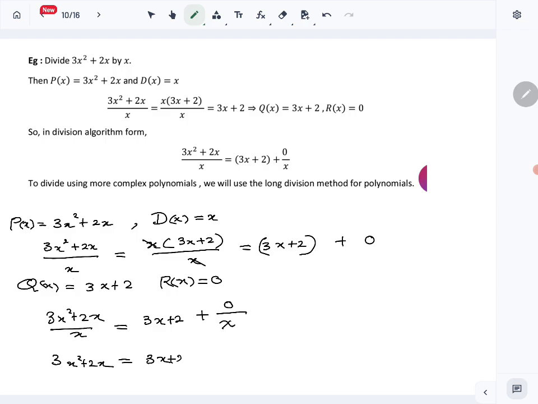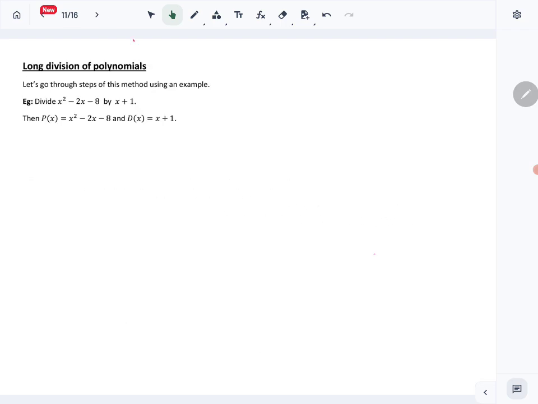The quotient times divisor plus remainder. Okay. So you should know how to write it in both division algorithm forms, right? Okay, so normally it's not going to be easy like this, so we have to use the long division method, right? So next we will discuss that method.